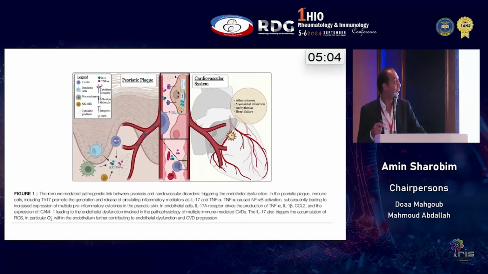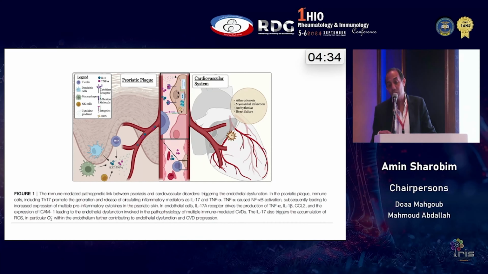We will see it in this picture, which shows that interleukin-17 from the skin goes to the endothelial system and interacts with the interleukin-17 receptors, and it increases more and more the secretion of ICAM and adhesion molecules, which recruit more and more foam cells and leukocytes to promote clot formation and form an atherogenic plaque.